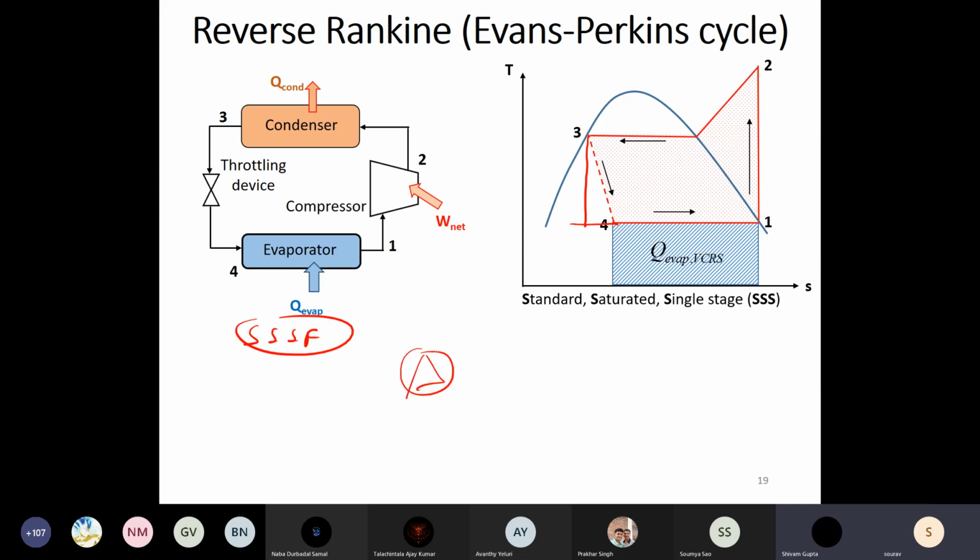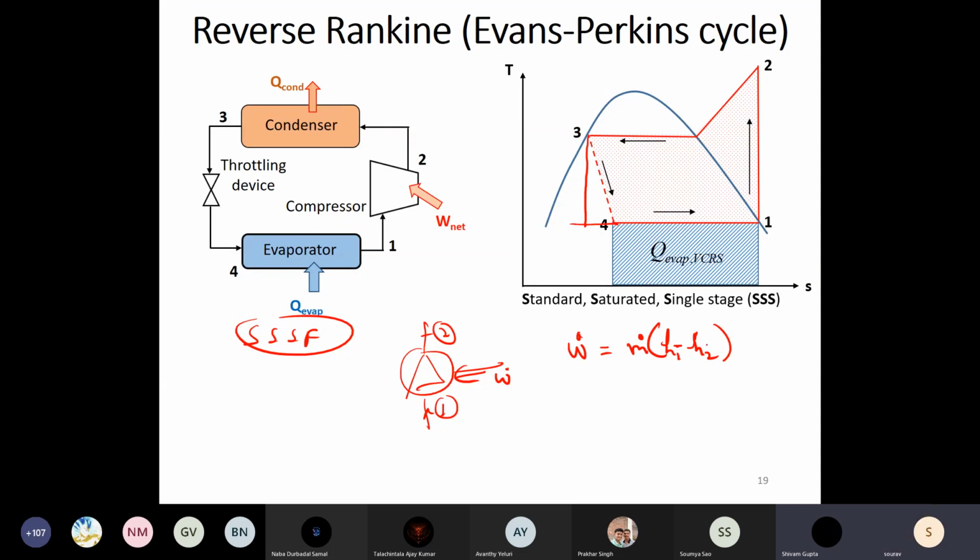If you apply the first law across any compressor or an expansion device, let's say 1 to 2, and this is the work transfer, you will get work transfer equals m dot, the mass flow rate of the fluid across it, into H1 minus H2.